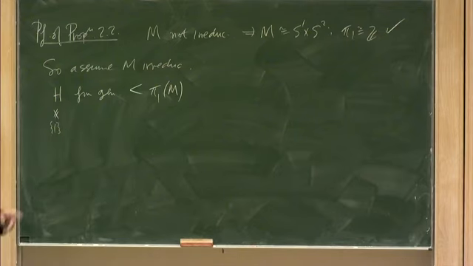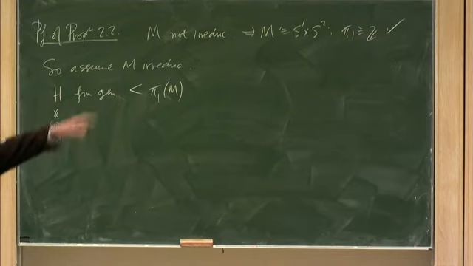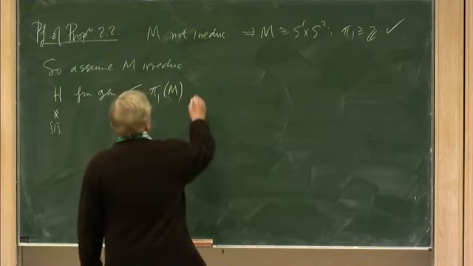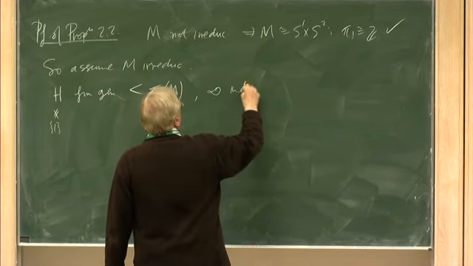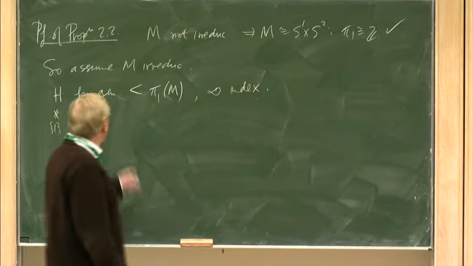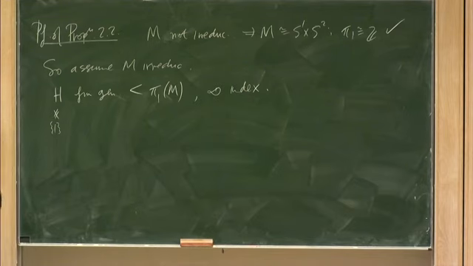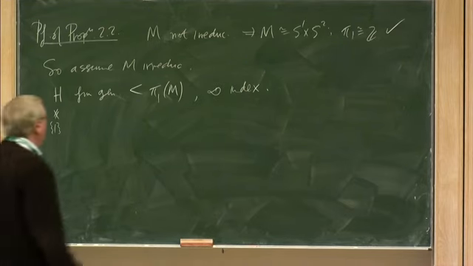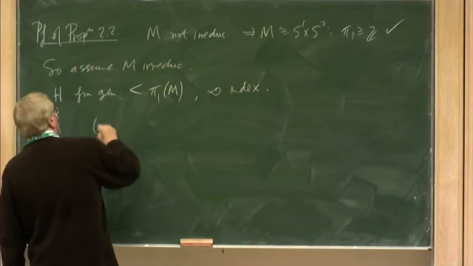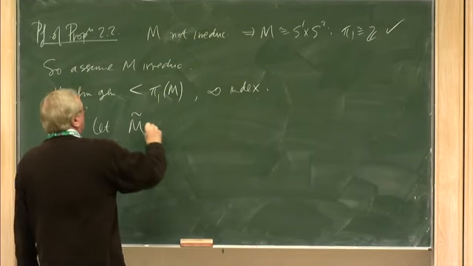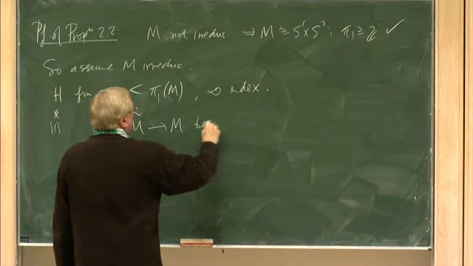We've got to prove that it maps onto Z. The finitely generated subgroup of infinite index. Well, it's a subgroup, so there's a corresponding covering space. So let M tilde be the covering space.